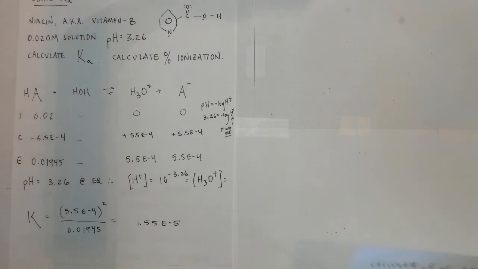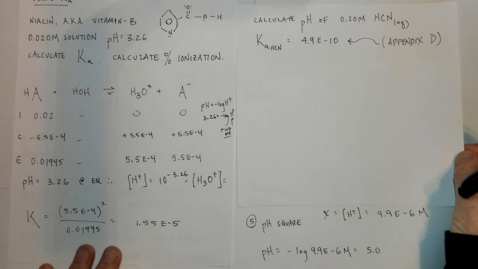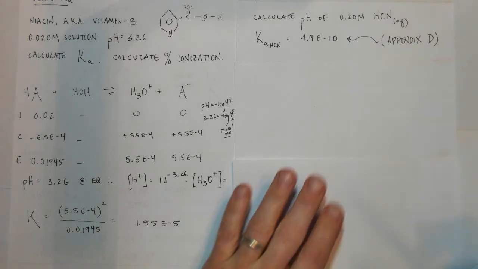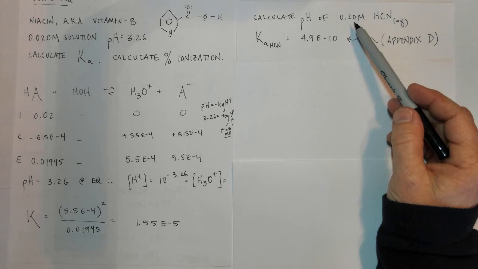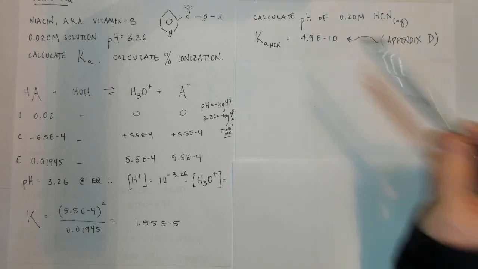All right, second example problem. This time, let's take a look at calculating the pH of a weak acid solution. Here we're given a weak acid, HCN, and we have a 0.2 molar solution, and I looked up in Appendix D what the Ka is.